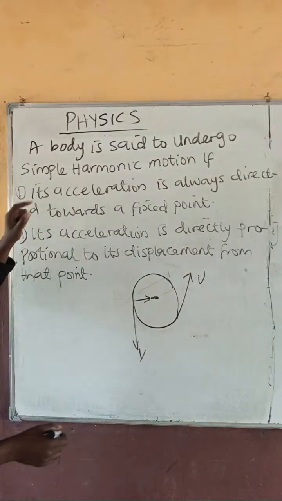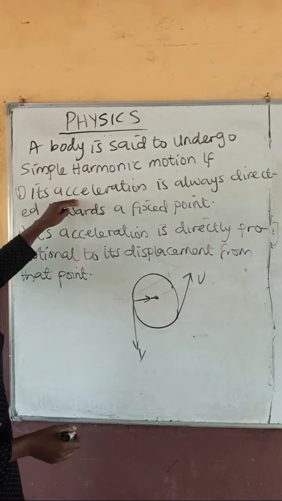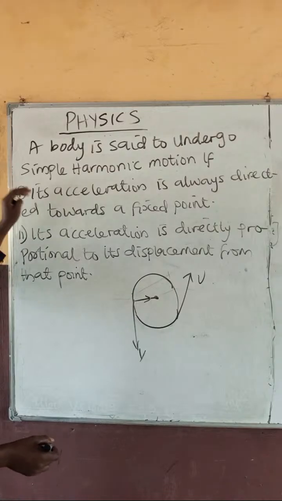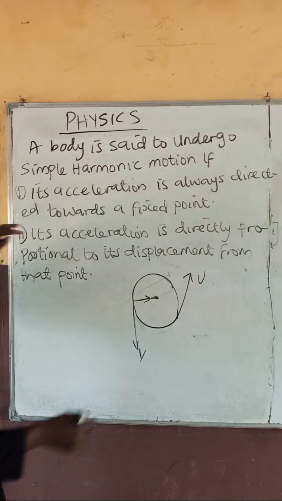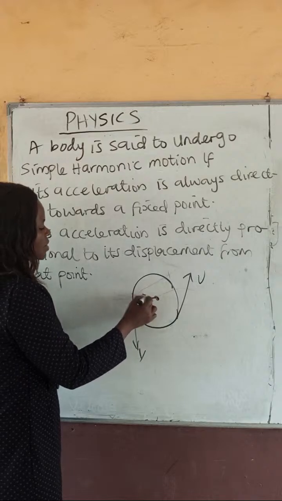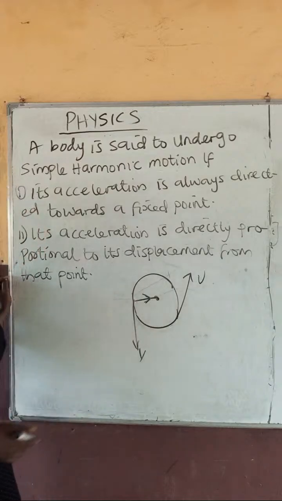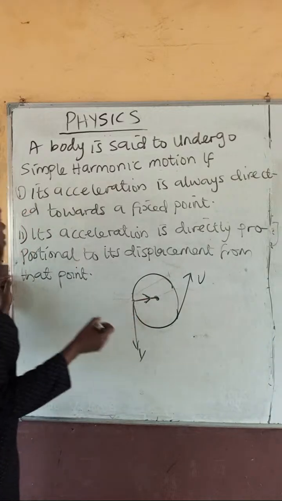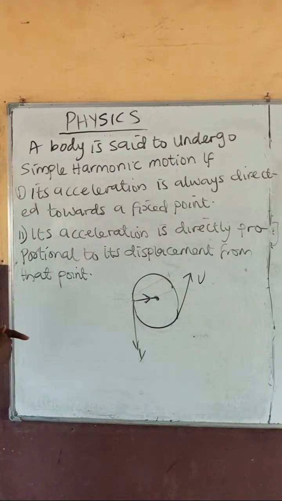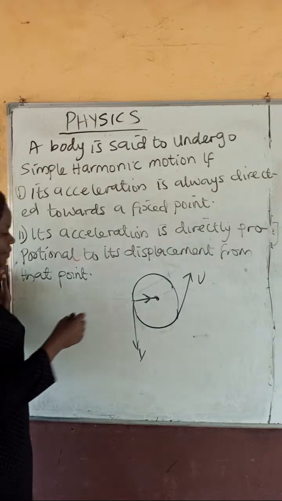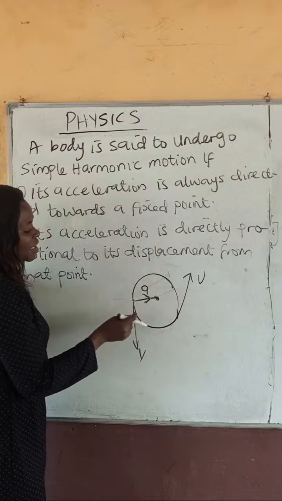Okay, so a body is said to undergo simple harmonic motion if its acceleration is always directed towards the fixed point. The fixed point is what? It is the center of the circle. That's the fixed point, okay? And its acceleration is directly proportional to the displacement from that point. This is my acceleration.